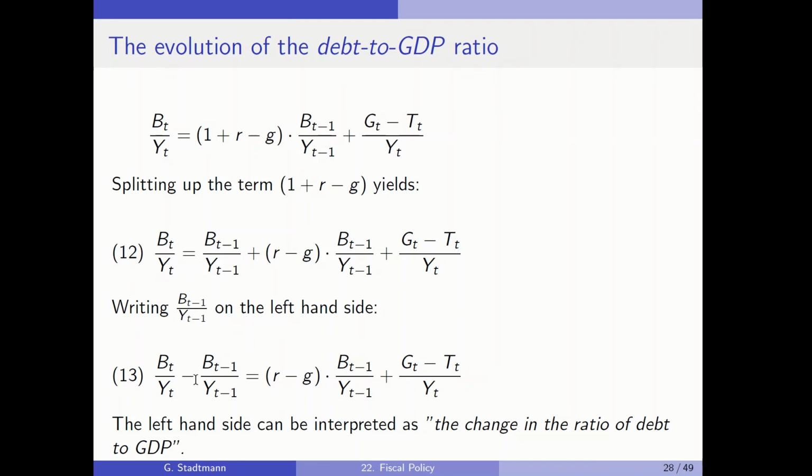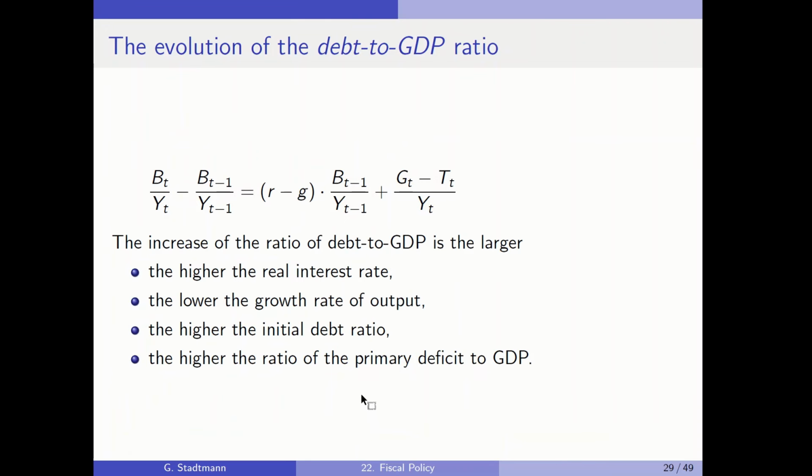Now that we have derived this equation, we can come up with an interpretation of this relationship. So the increase of the ratio of debt to GDP is larger the higher the real interest rate.